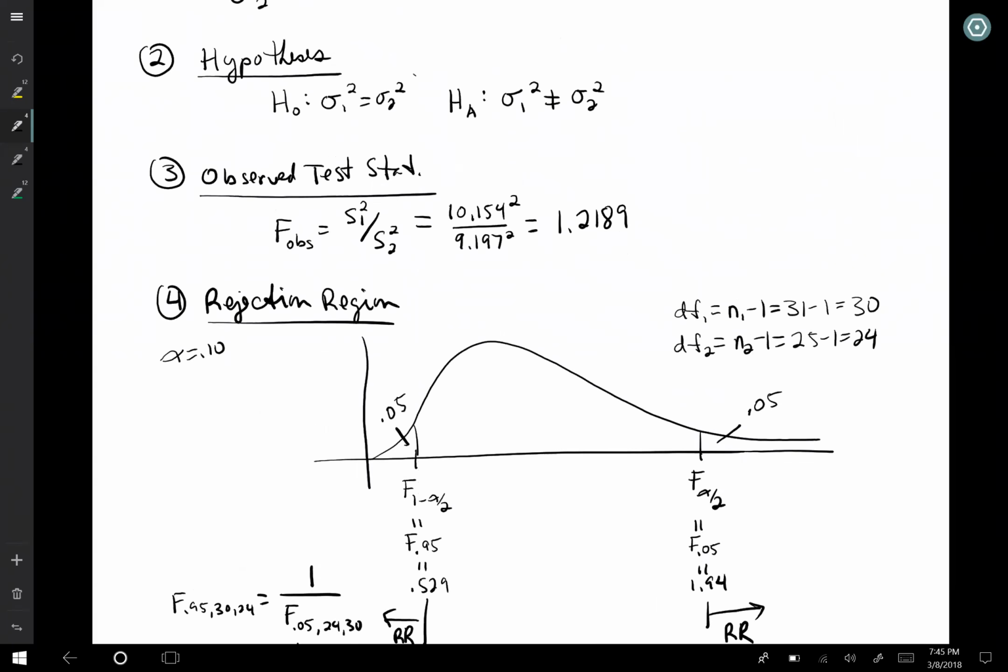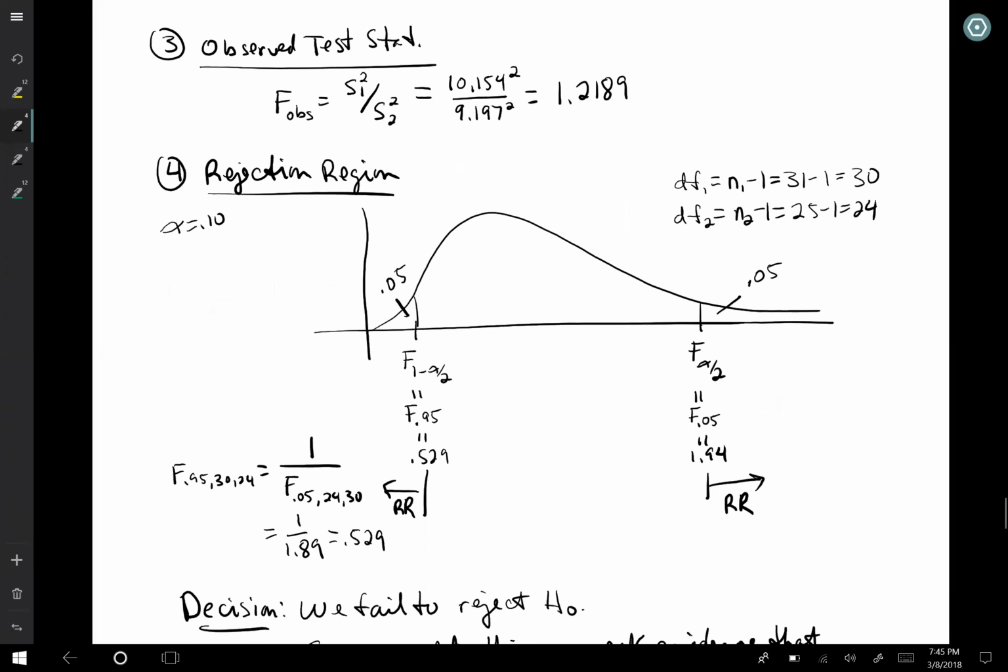But if there's a situation where you might need a lower tail percentile, then you have to appeal to this relationship that says any lower tail percentile is 1 over the F, so this is F sub 0.95, it's 1 over F sub 1 minus 0.95, or 0.05, and then the degrees of freedom switch.